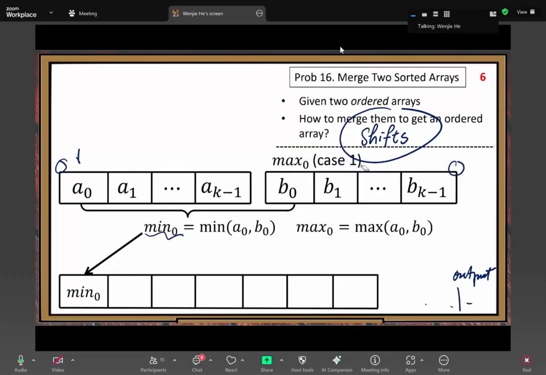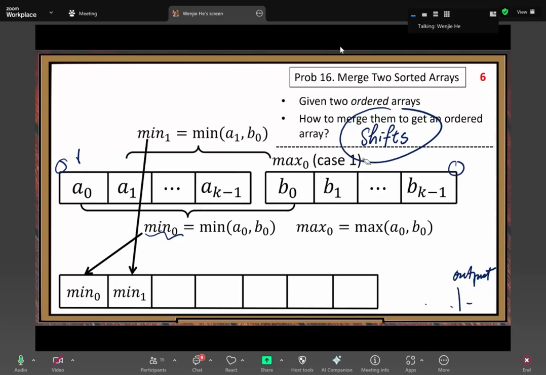For this case, we just use one of the cases to explain the idea. In this example, B0 is the min 0. Then the next comparison should be B0 and A1. Do this comparison. Then the smaller one is the second smallest element in the whole array.